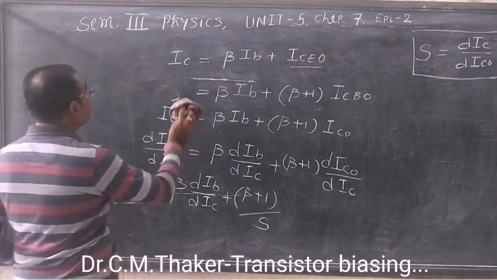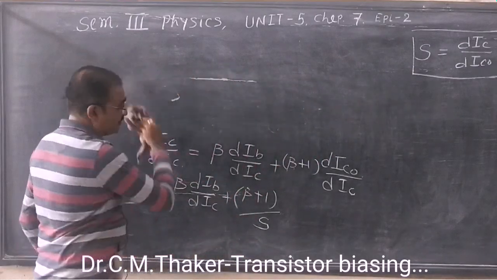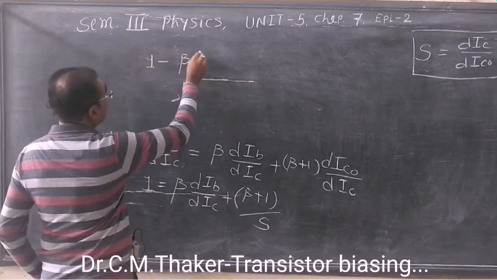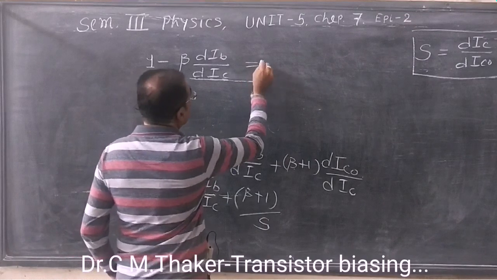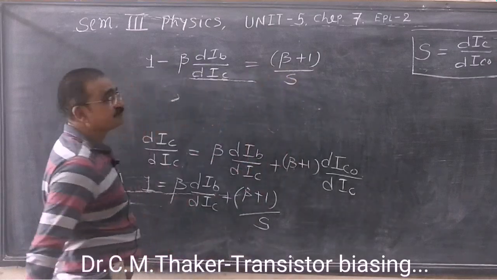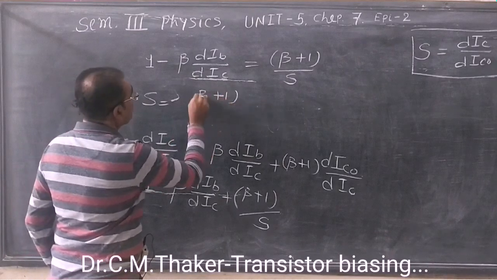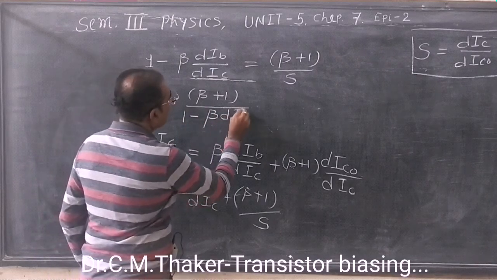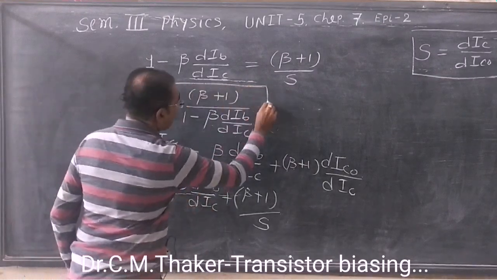Just simplify the equation with respect to only S. That is why 1 minus beta times dIB upon dIC is equal to (beta plus 1) upon S. So S is equal to (beta plus 1) upon [1 minus beta times dIB upon dIC]. Now this is your stability equation.